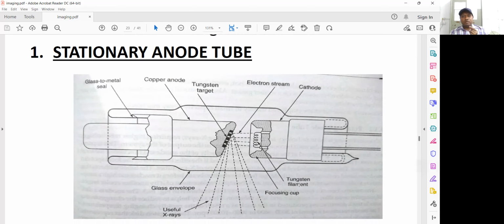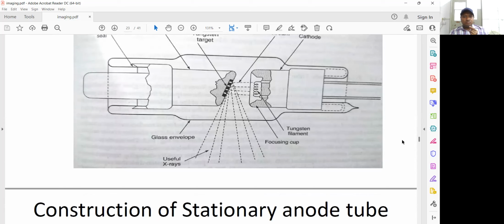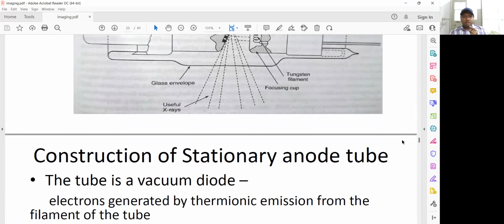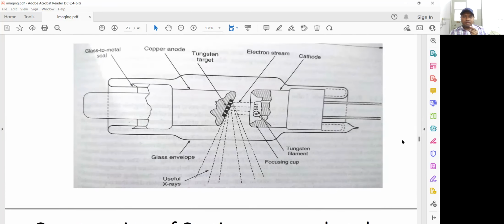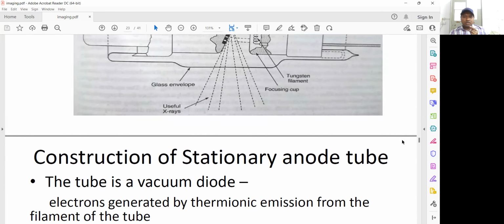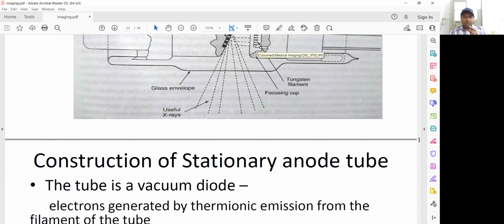Inside this anode tube, the tube is a vacuum diode. The electrons are generated by thermionic emission from the filament of the tube.